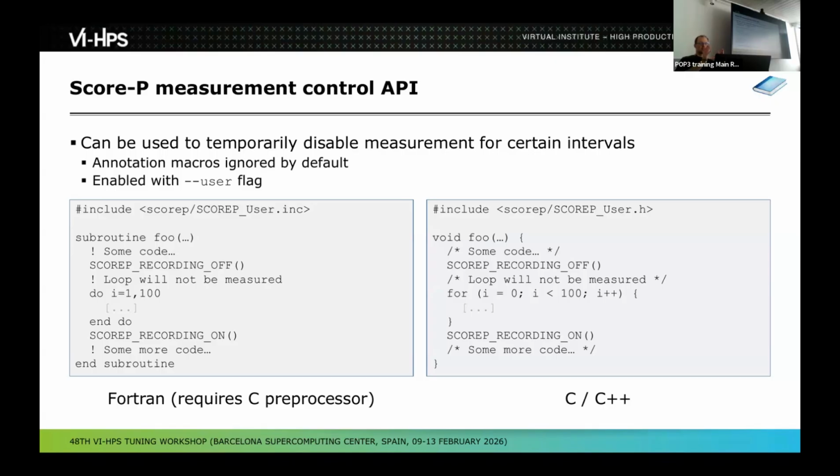The classic example is you don't want the initialization phase of your code to show up, or fill up your trace buffers with something that you don't actually need. So you can stop the recording and only start the recording again for the iteration phase, for example.